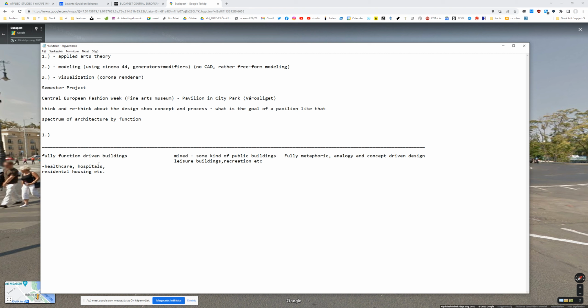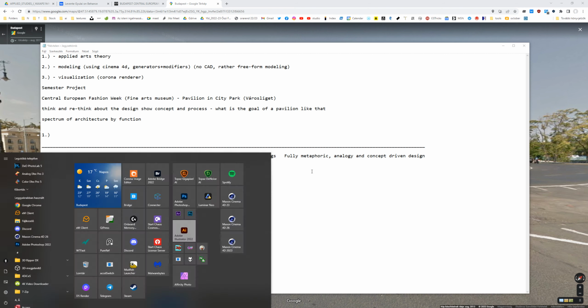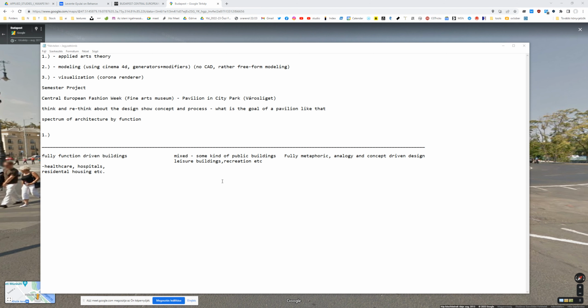I was not prepared to do this in Notepad. Maybe I just switch to ArchiCAD.